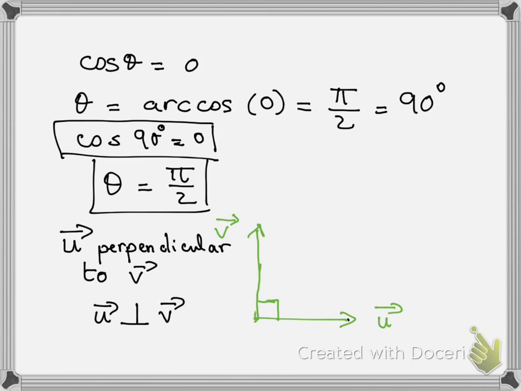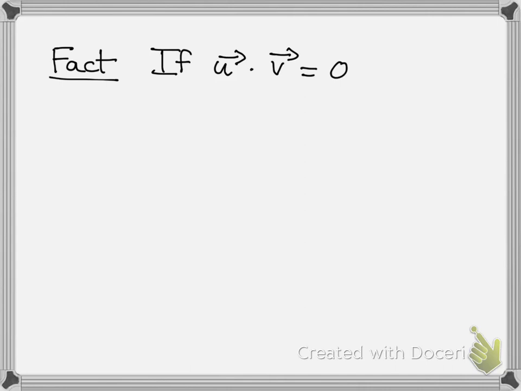Okay. So that's actually a general fact. So fact: if U dot V is 0, then it means that U is perpendicular to V. Okay, so the two vectors are perpendicular.